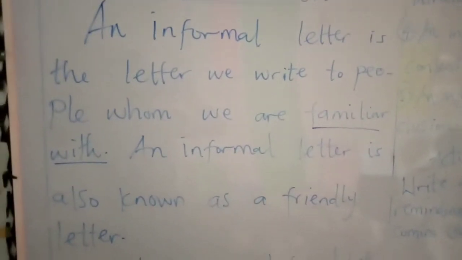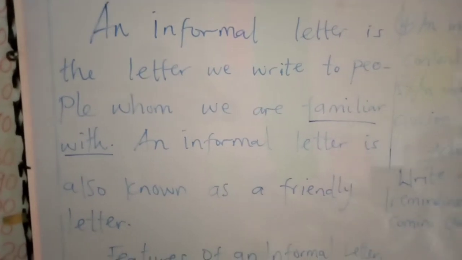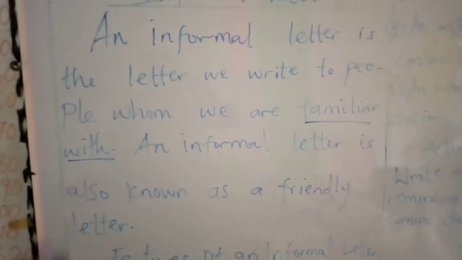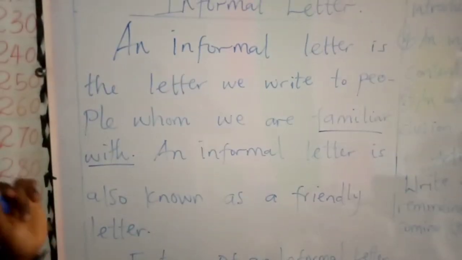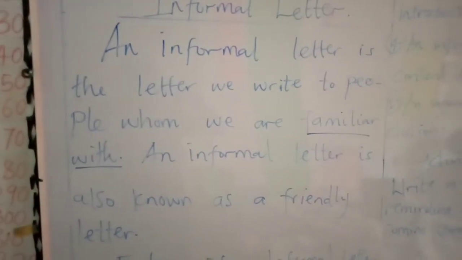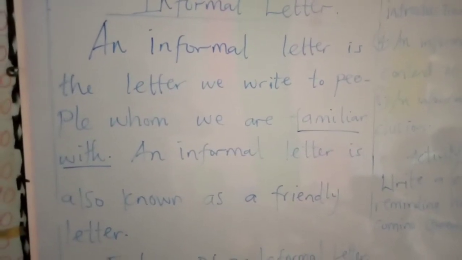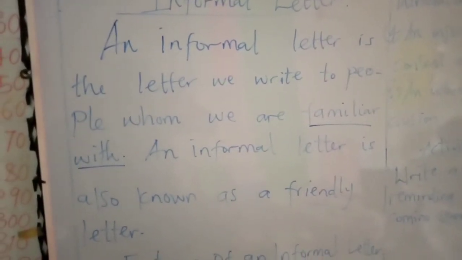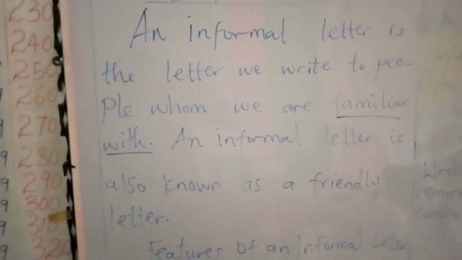Now, this letter written to these people is termed an informal letter. So that's how we take it to mean that an informal letter is the letter we write to people whom we are familiar with. We've done this in class, so I would like you to put more attention so that you can know exactly what I'm trying to say.